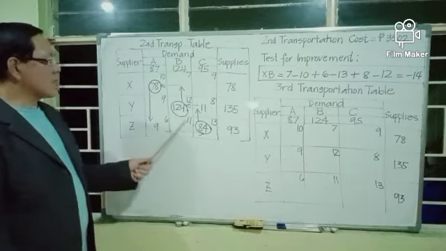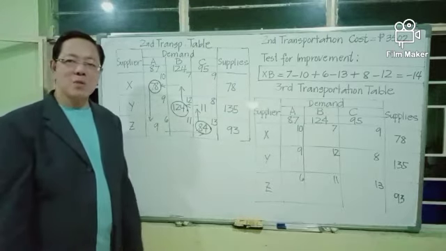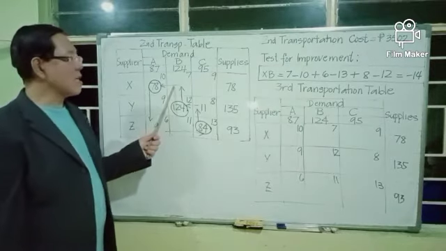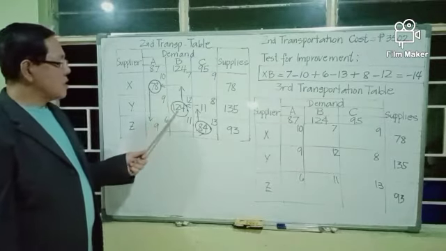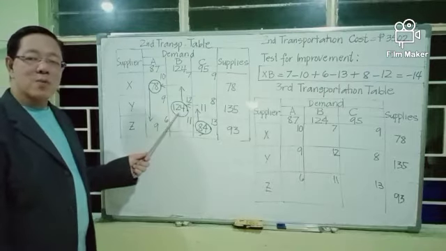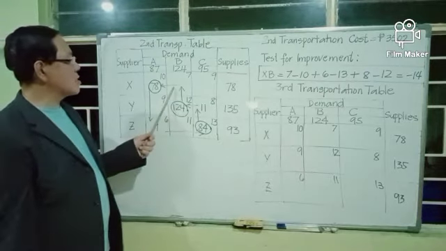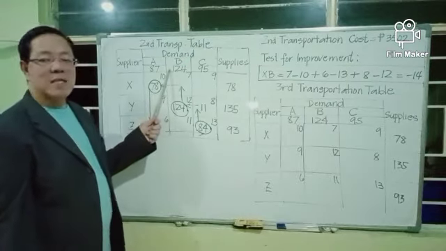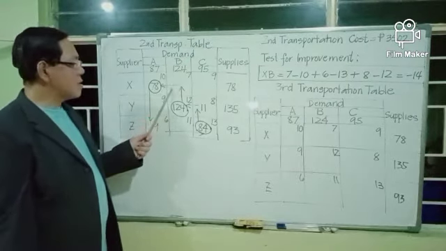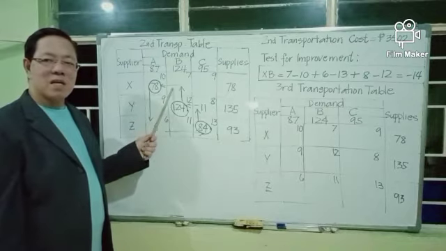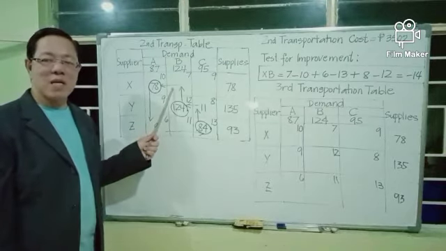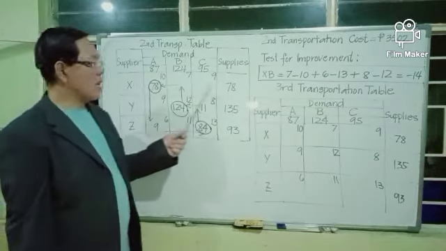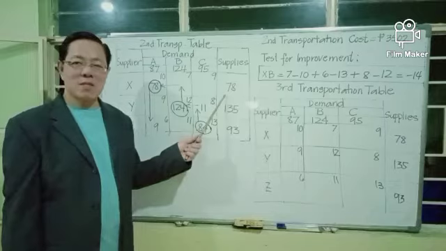Now, one of these numbers has to be transferred to this vacant cell XB. If you transfer all of these 124 units to this vacant cell, you will satisfy the demand of B. But all of 124 cannot be taken from supplier X, because supplier X has only 78 units.